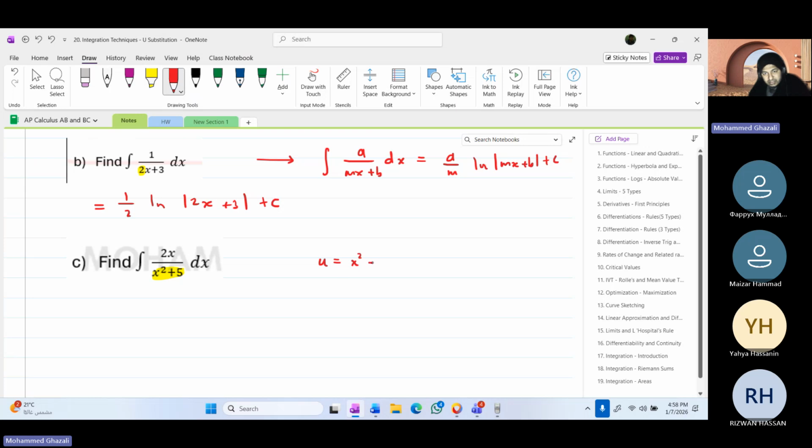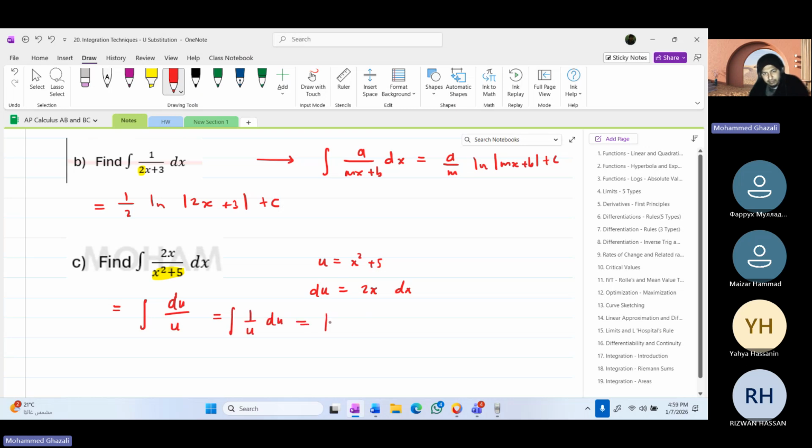So du is equal to 2x dx. We can see 2x dx is just du. And what's the integral of du over u? It is the same thing as saying the integral of 1 over u du.